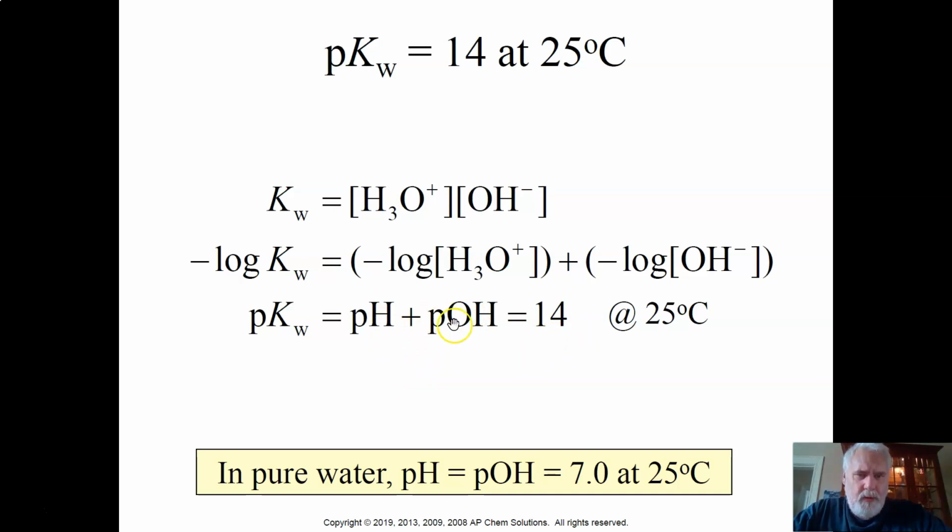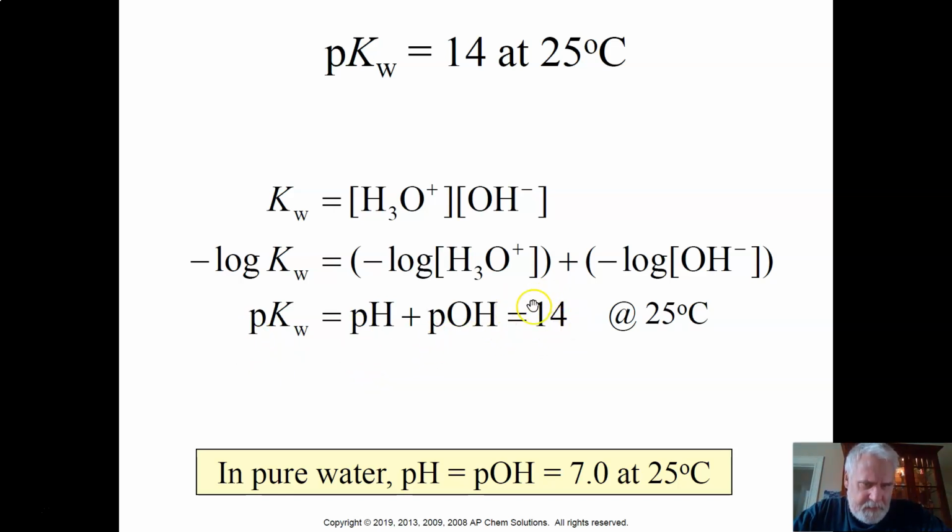But that will work in these solutions that are at 25 degrees Celsius. So if you know the pH in these systems, you can say that they're going to add up to be 14 because the pKw is 14, and that's a kind of an easier way of doing that when you think of these as with the P in front.